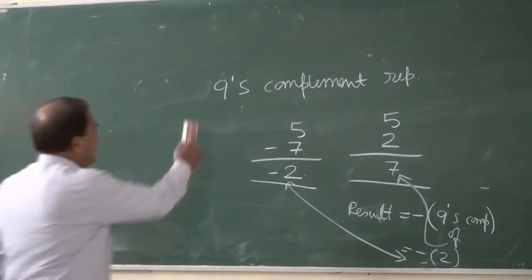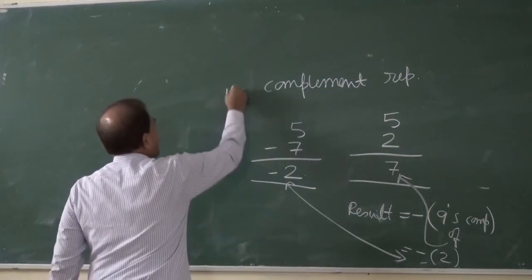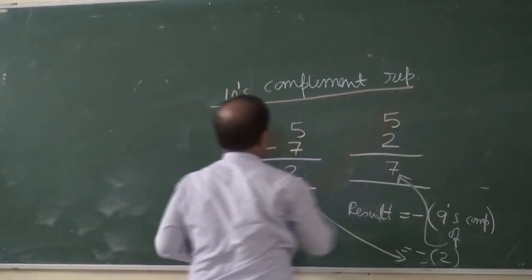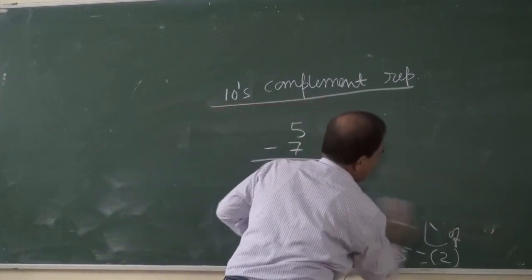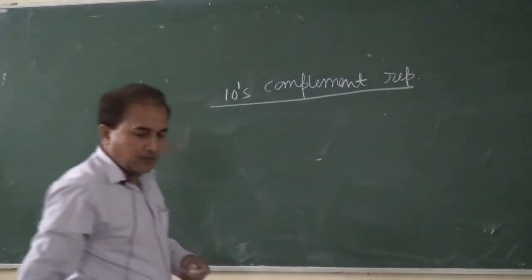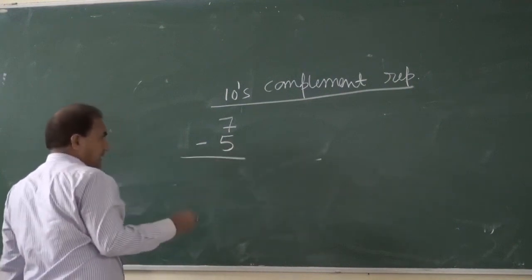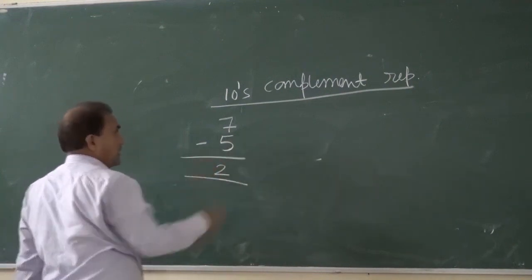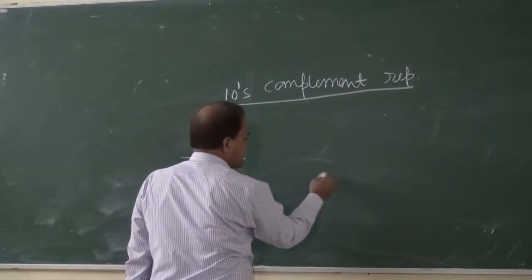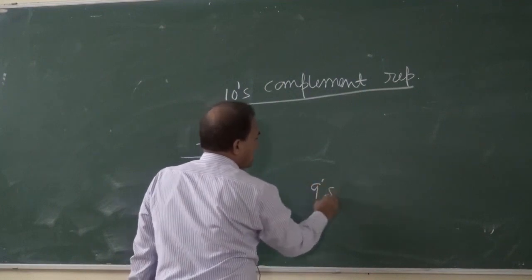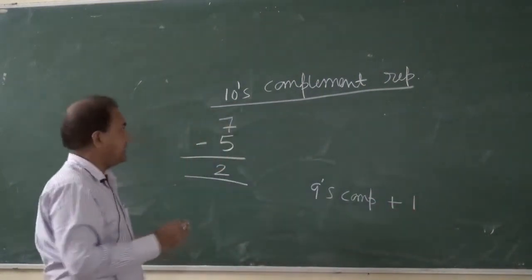The last is arithmetic operation by using 10's complement. The same numbers, you can see 7 minus 5, which is equal to 2. In 10's complement, how can you write the 10's complement of any number? The 10's complement is equal to the 9's complement plus 1 to the least significant digit.